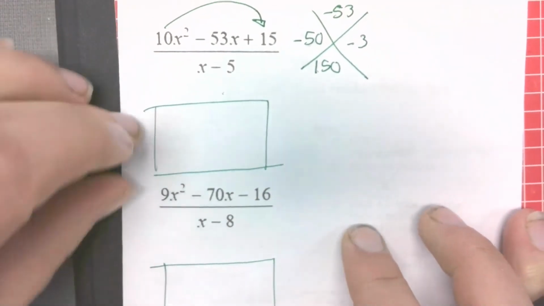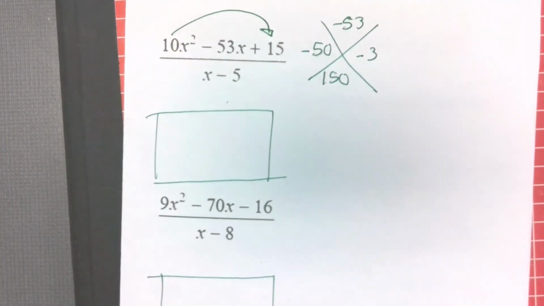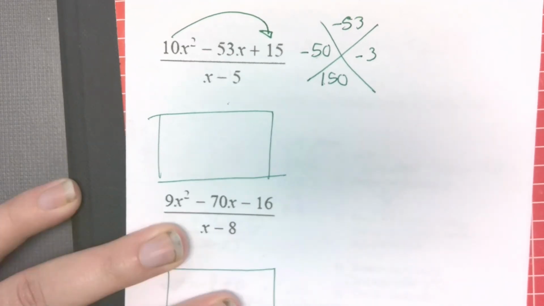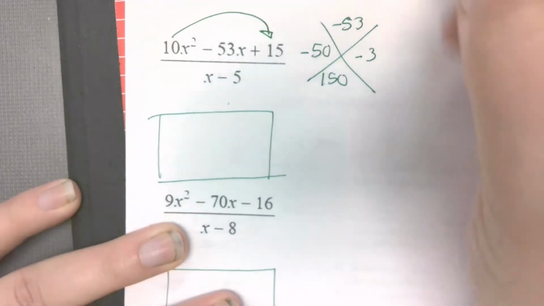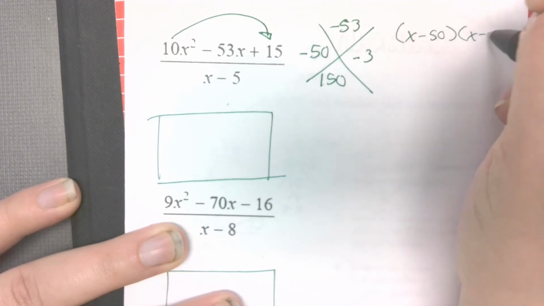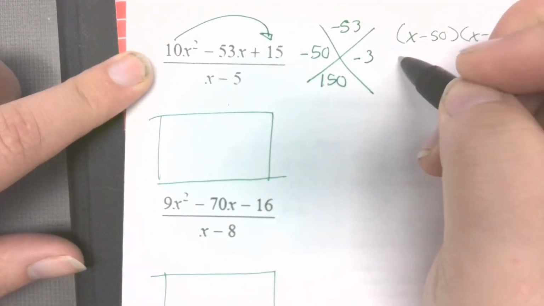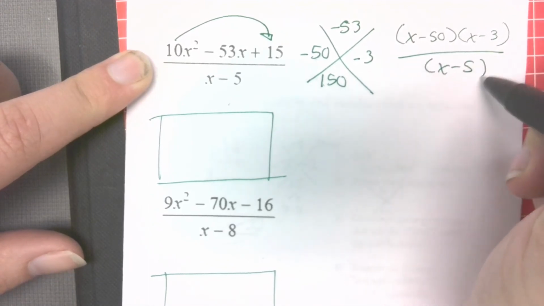I'm going to pause and let you try that, okay? Okay, so you should have x minus 50 and x minus 3. And the thing you got to remember is to divide by that 10. Now let's say I forgot to divide by that 10 and I got to that step.